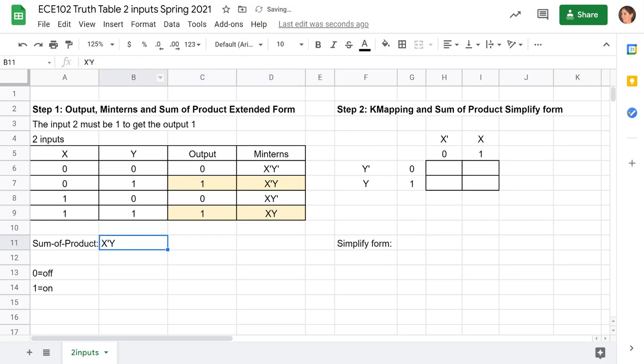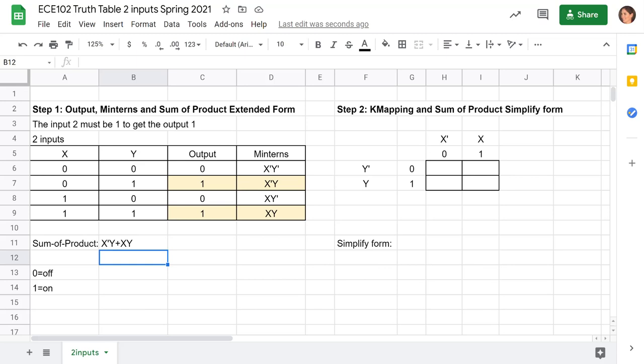Okay, so X prime Y plus X Y. Okay, so those are the two minterms for an output 1. That's my first step, and we have the result for the sum of product extended form.